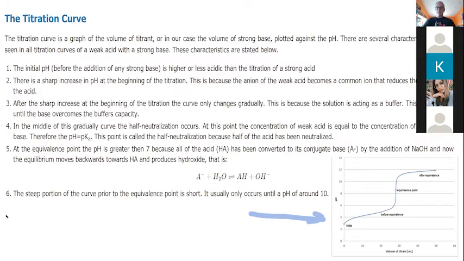Now, at the equivalence point, what happens at the equivalence point? So here's the equivalence point. What does that mean? What's the definition of the equivalence point? Isn't it where the hydroxide ions and the hydrogen ions, there's the same amount of them? Right. It means you have the same amount of H+ and OH-.